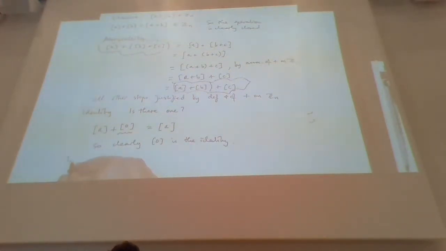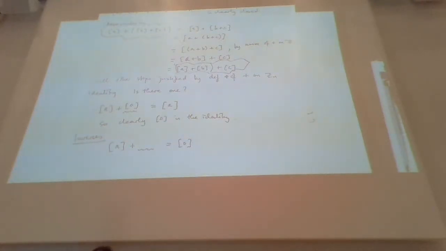And inverses. If you have the congruence class of A, you're looking to add it to something to get back the identity element. So it's got to be a congruence class. I've got to have a pair of square brackets. I just have to decide which congruence class, which representative, when added to A, places you in the congruence class of 0. Well, there are many different choices, but the simplest choice would be just the negative of A. If you add A and minus A, you of course get 0.